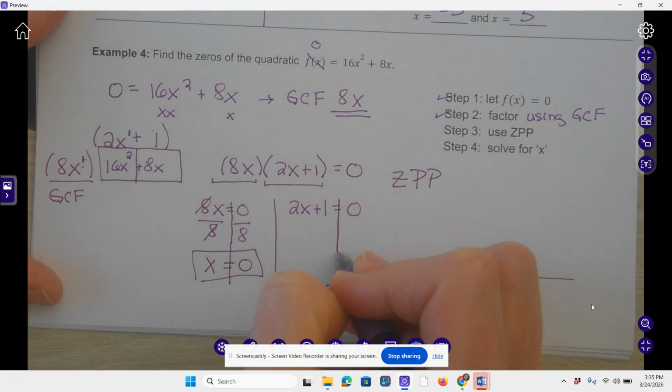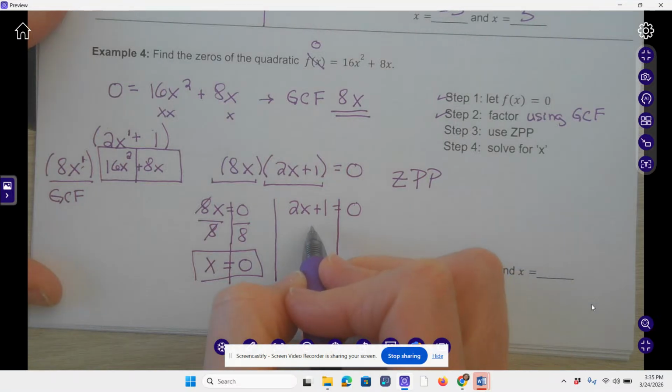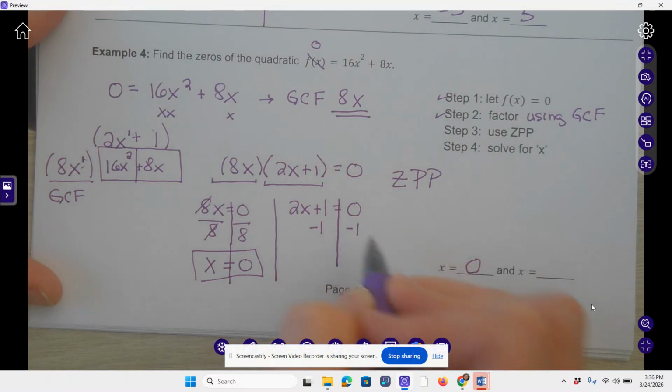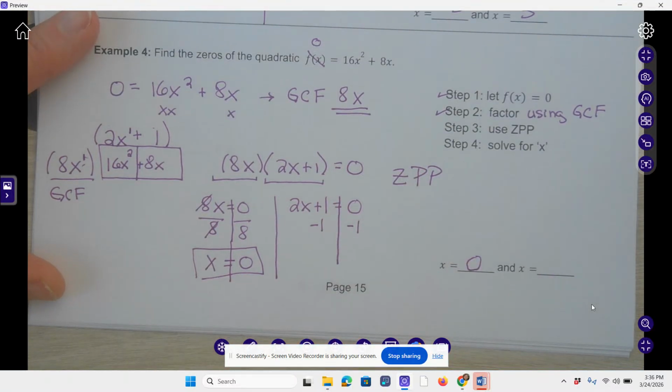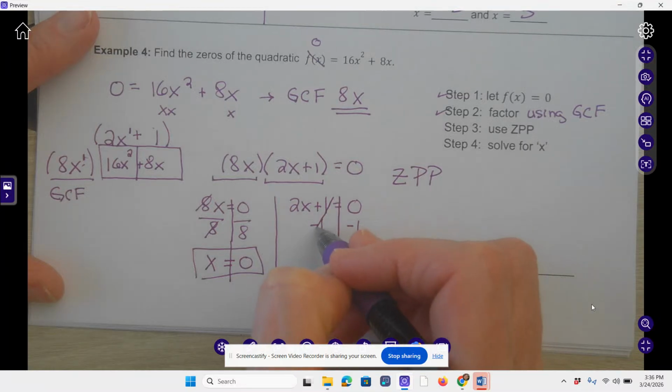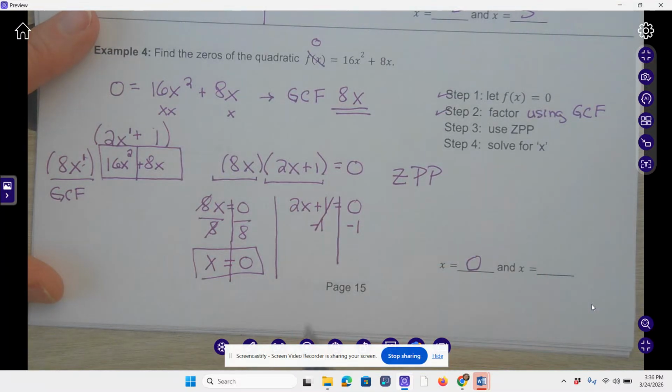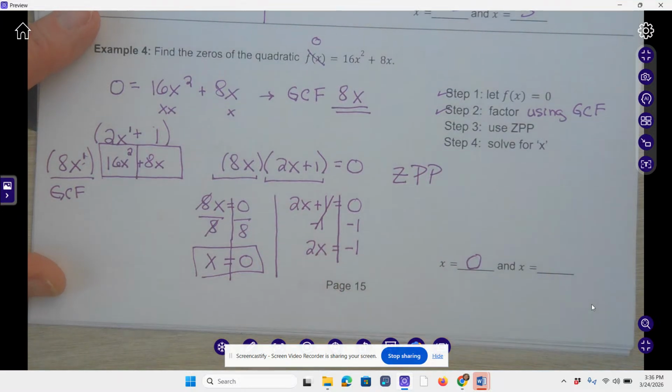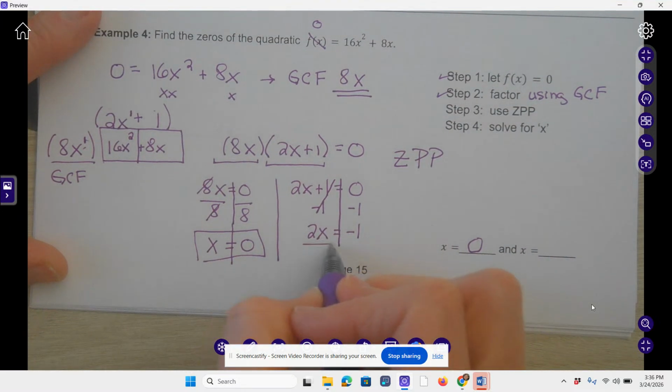Okay, now let's solve this one. 2x plus 1, undo addition or subtraction first. Subtract 1 from both sides. Positive 1 and negative 1 make 0. So now I have 2x equals 0 minus 1, which is negative 1. Now divide both sides by 2.